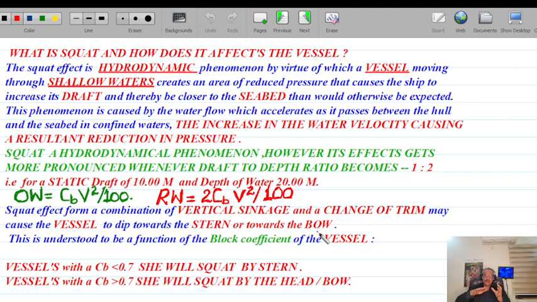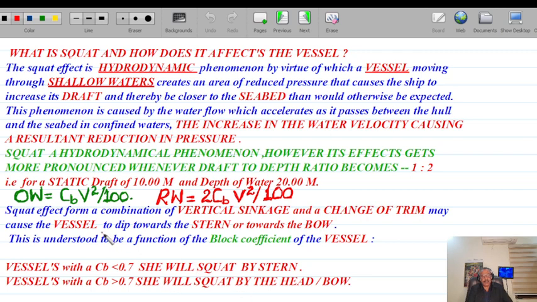So when the vessel is dipping, the underwater volume of displacement is changing, and the center of buoyancy is changing. Because of that, you may also experience a change of trim. Besides the squat effect, because the vessel is dipping by bow or by stern, the change in the underwater volume of displacement will cause an effect of change of trim as well.